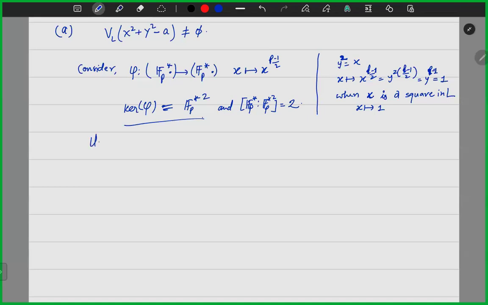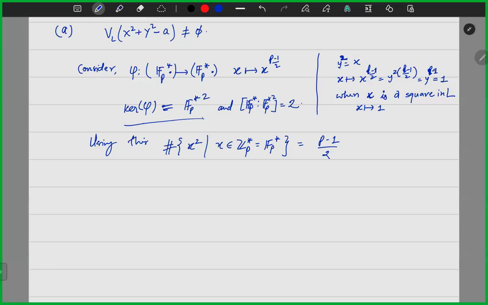So using this, those elements which are square, their cardinality, I mean, this set x square, x belonging to Zp star or Fp star, whatever, the cardinality of this set is just p minus 1 by 2.